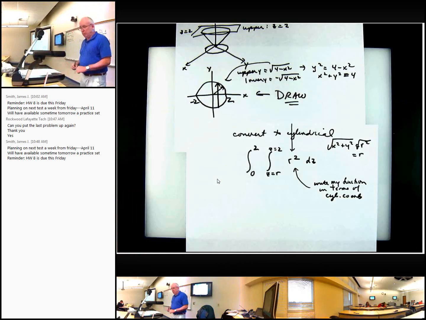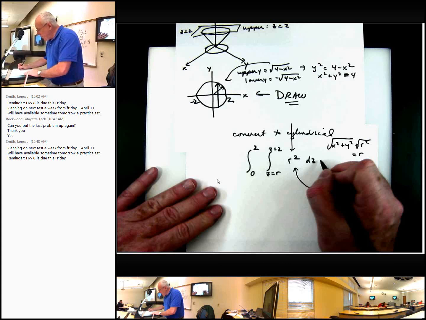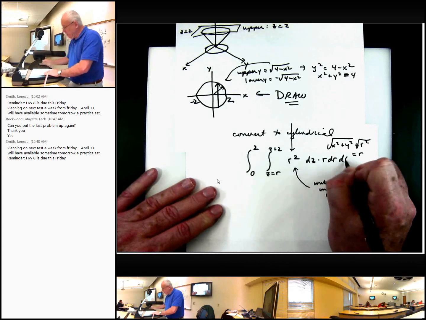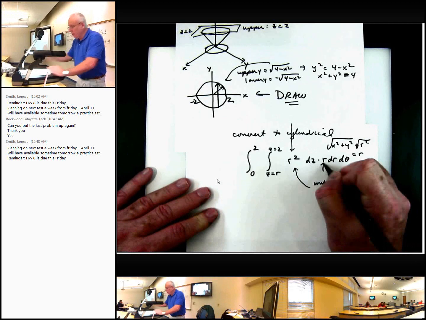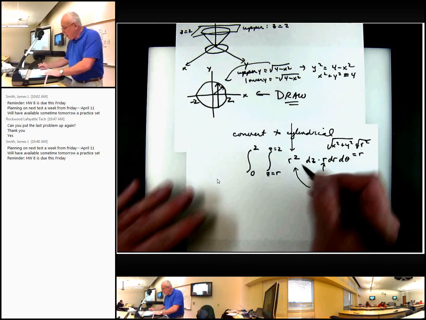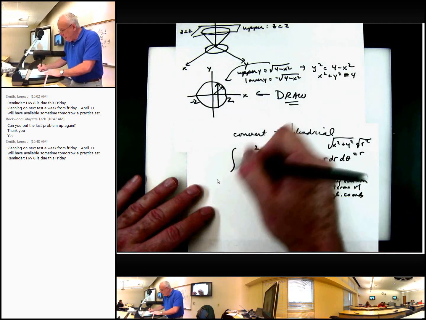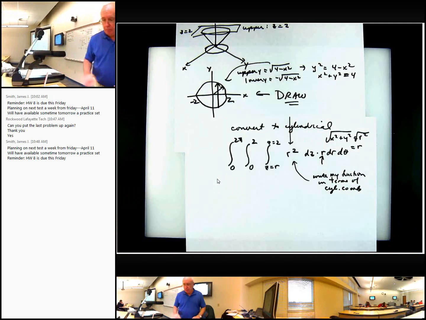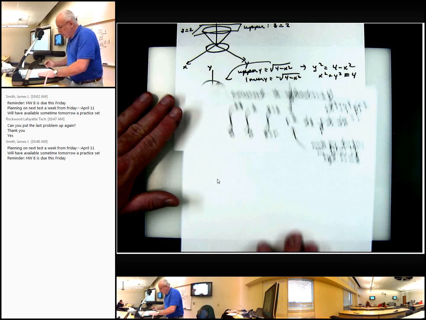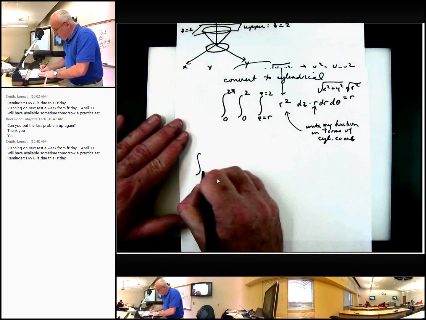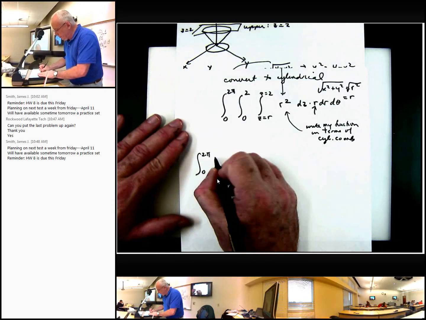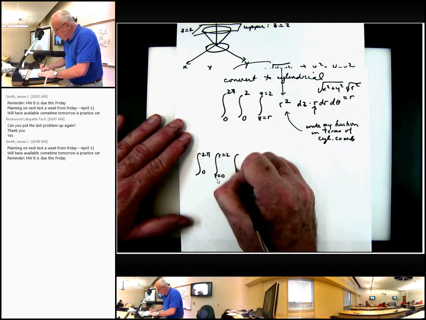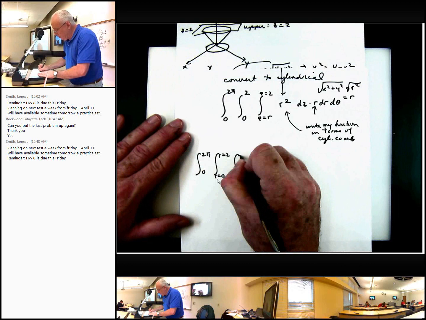That's my r. And then remember, we're going to have r d theta. So don't forget this extra r here. And then for my theta, I'm going all the way around the circle, 0 to 2 pi. So let's write this again. 0 to 2 pi, that's for theta. r is 0 to 2. z is going from r to 2.